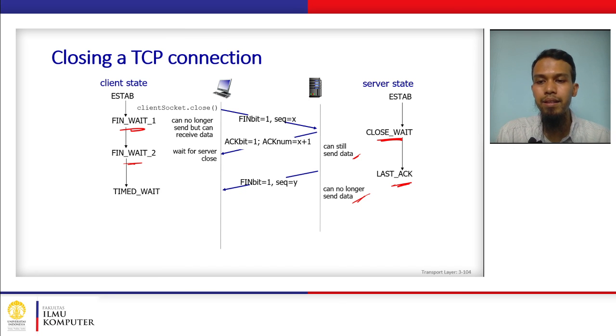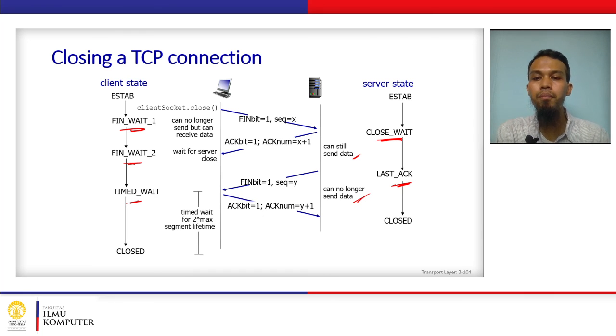The client state becomes TIME WAIT, because it takes some time before it really closes the TCP connection with the server. Upon receiving the FIN message from the server, the client sends an acknowledgement. Upon receiving the acknowledgement from the client, the server state is now completely CLOSED, while the client has to wait for 2 times the maximum segment lifetime.